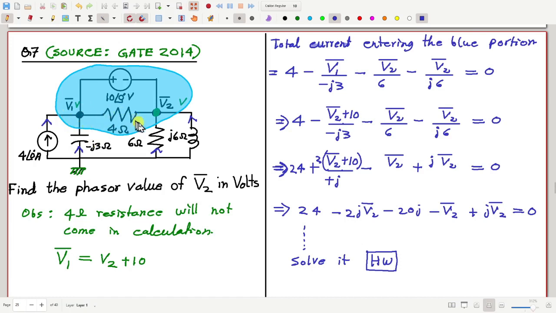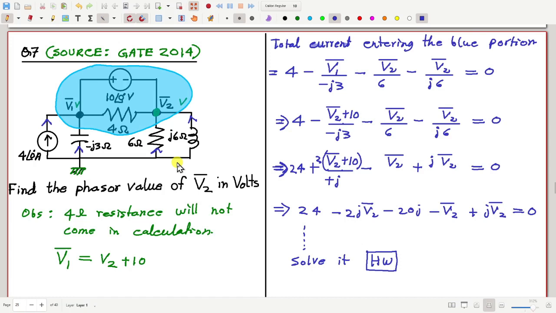This 4 ohm is completely inside the blue portion. I'm considering only the branches or lines going across the boundary, so that current can go from outside to inside or inside to outside. So this inside portion does not come into the picture. Okay, sir.